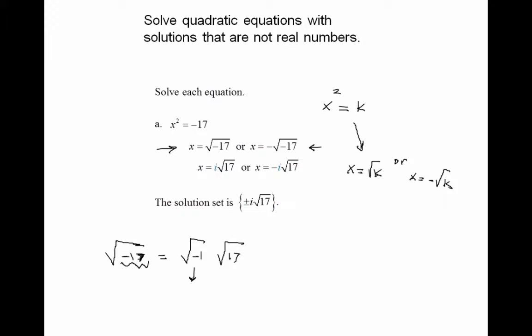That's an imaginary number, or complex number, and so you're going to replace that with i. So this would be the same as i times square root of 17, or negative i times square root of 17. So we can write the solution set as plus and minus i times square root of 17.